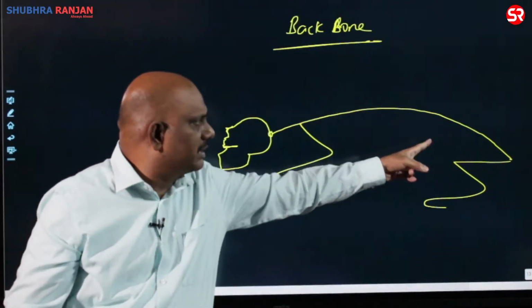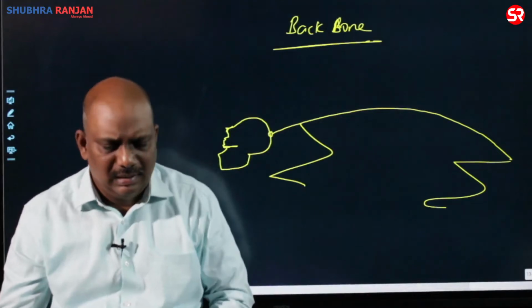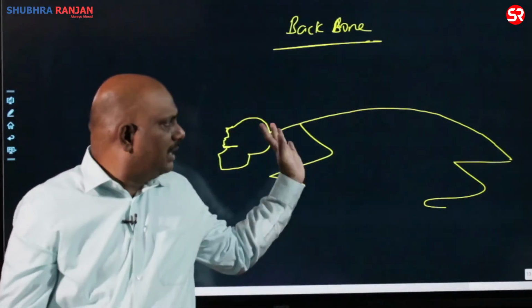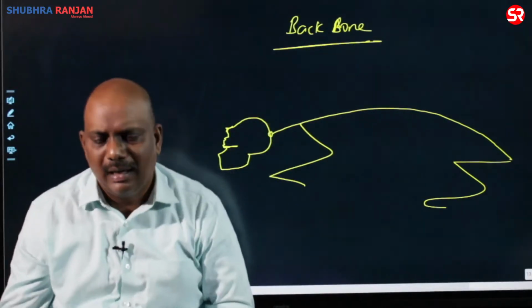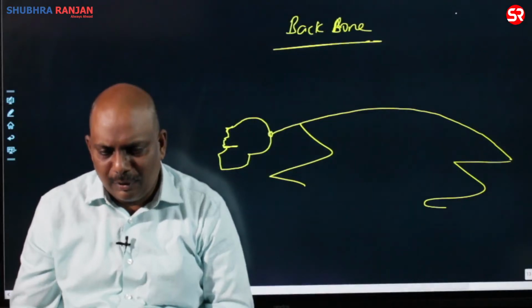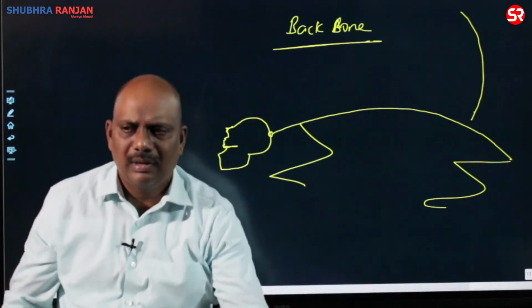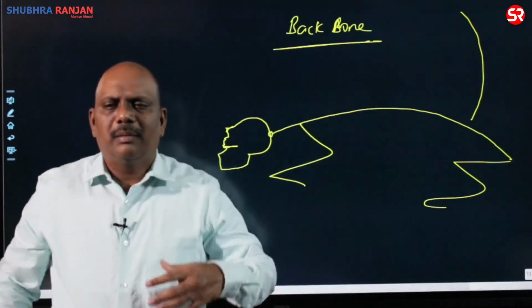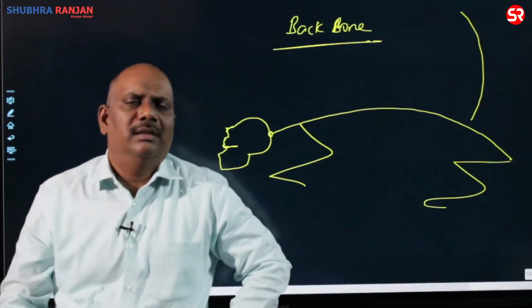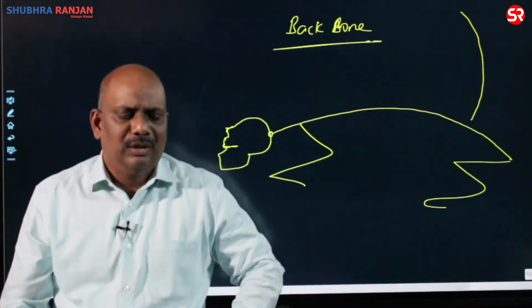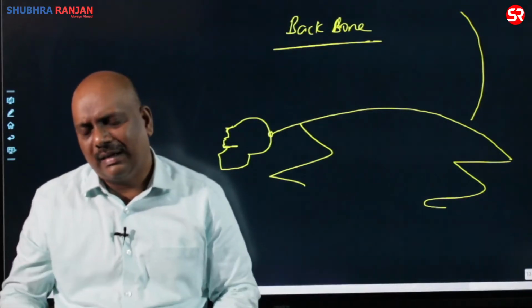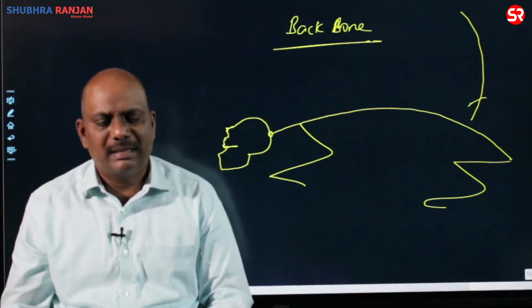So when the same organism got erect posture, and if the vertebral column continued to remain a single arch like this, this bone would need to bear most of our body's weight. As a result, the bone will become weak and it may break somewhere here.